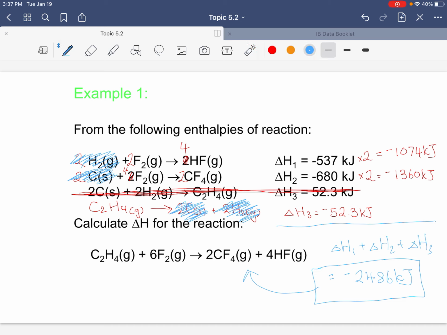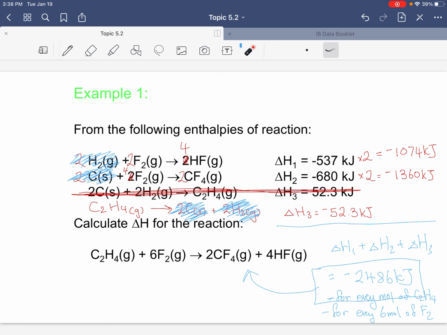If I were to write a conclusion about this, I would have to say, for every mole of C2H4 that is being reacted, or I say, for every 6 moles of F2 being reacted. Notice that's why I didn't say negative 2,486 kilojoules per mole.